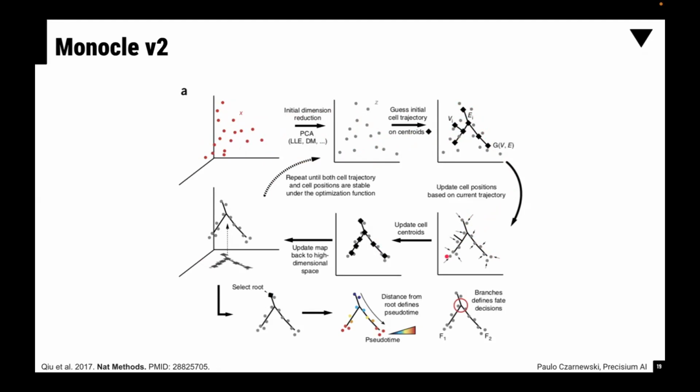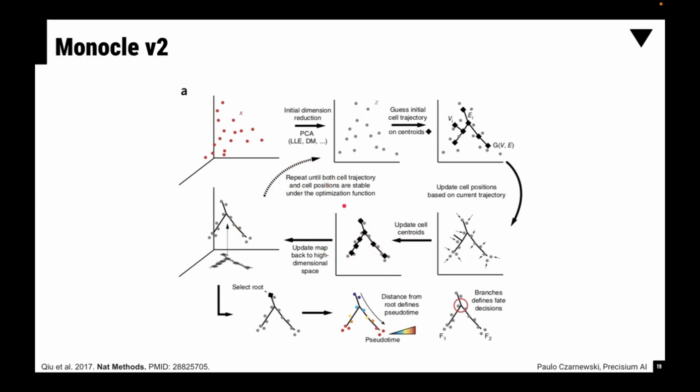And that's very clear, especially for Monocle 2, that you can see these cells being projected close to the model, the MST, the graph tree that is connected. Monocle 2 itself later tries to optimize this cyclically. So you have the model, and then you project the model to the raw data, and then you do exactly that over and over. Other methods basically abandon a bit of this part of the modeling, the fitting.